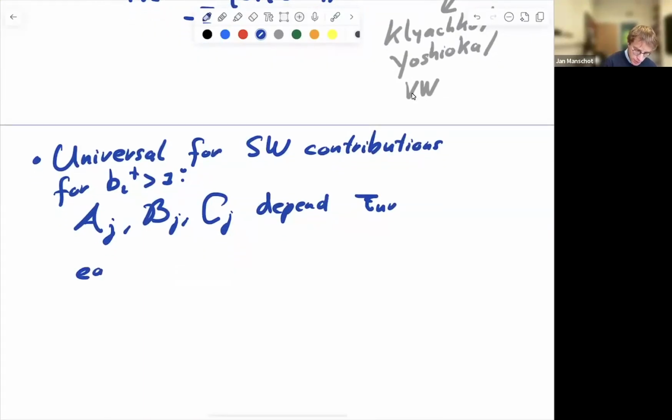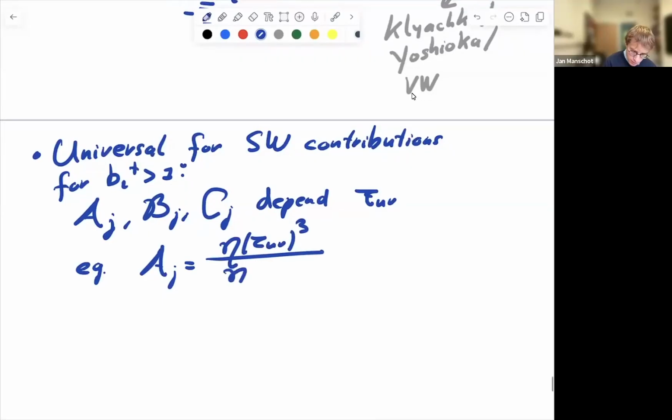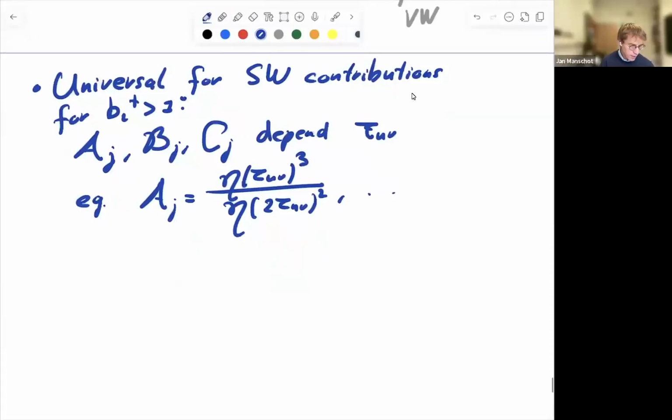Just as an example, A can be expressed as this ratio of eta functions, and then we have other examples for other universal functions. And this can be matched with results by Dijkgraaf, Park, and Schroers and Göttsche and Kool.